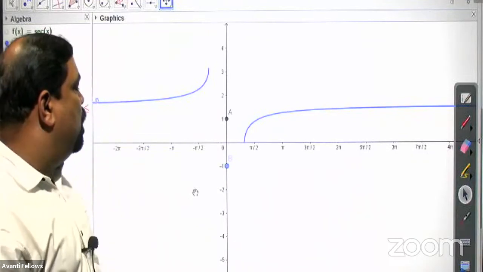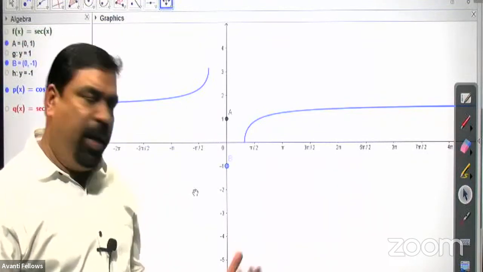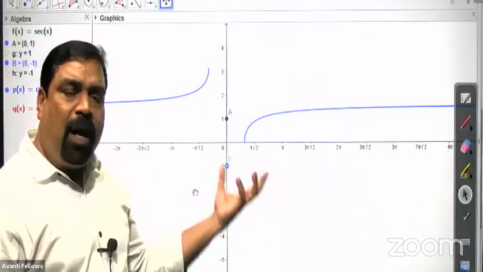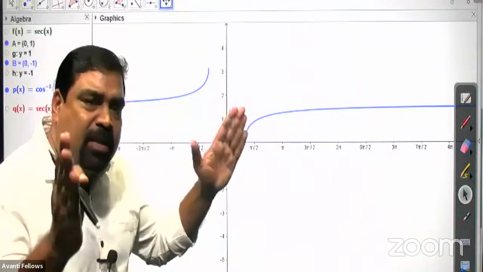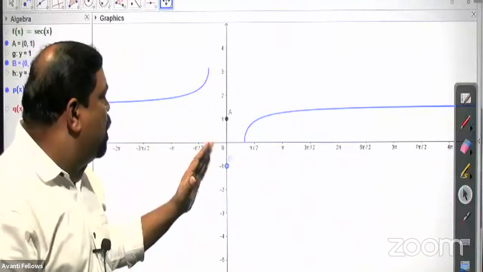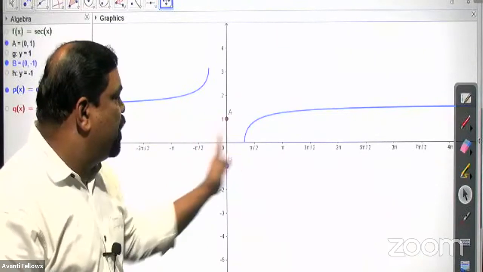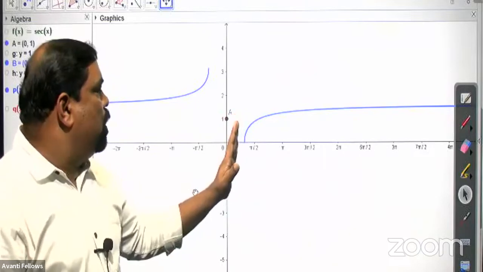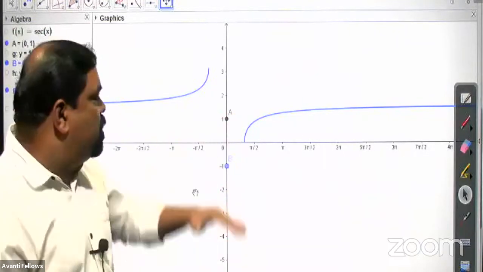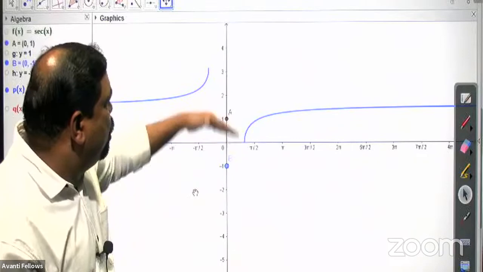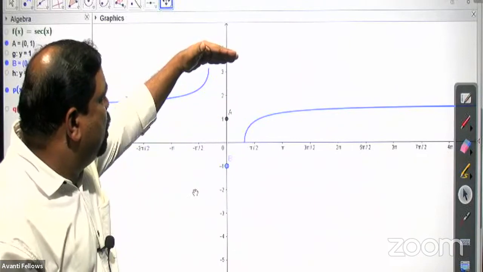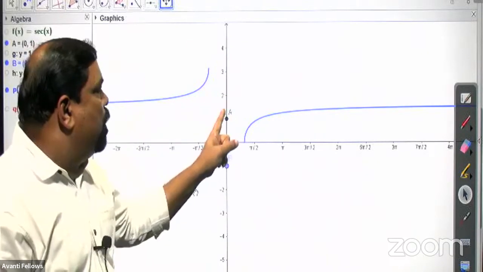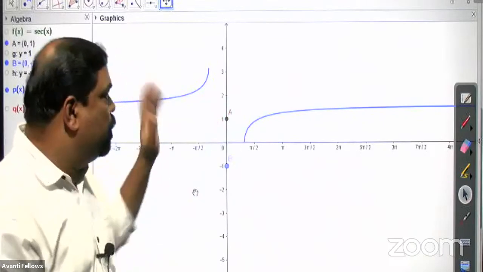So what is the domain of this sec inverse x? All real numbers except the values from -1 to +1. The open interval -1 to +1 is not there. And the principal value branch is 0 to pi, except the point pi by 2.